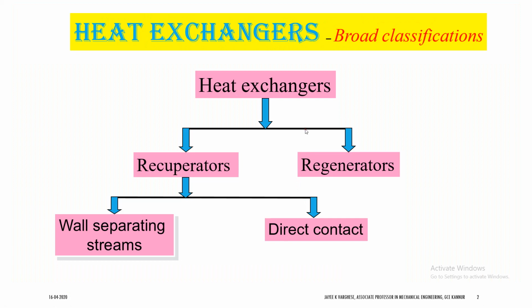We saw the different classification of heat exchangers as recuperators and regenerators. Regenerators are very rarely used. In recuperators, both the fluids will be flowing simultaneously, either separated by a wall, or mixed together.